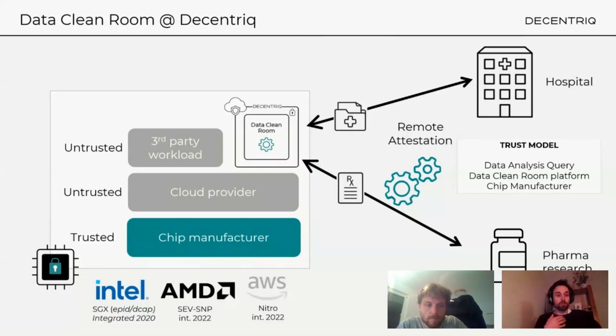To develop that product, we've worked with confidential computing technology for many years. We are an early adopter of SGX, integrated both the EPID and DCAP protocols. To my knowledge, we are the first to have deployed AMD SEV-SNP in production, and we've also integrated Nitro, but are not using it in production anymore.